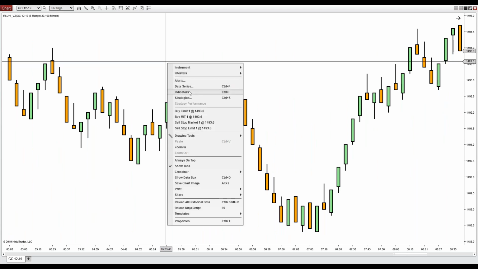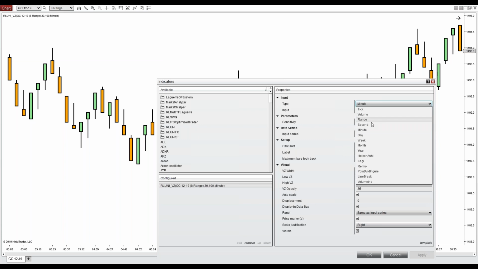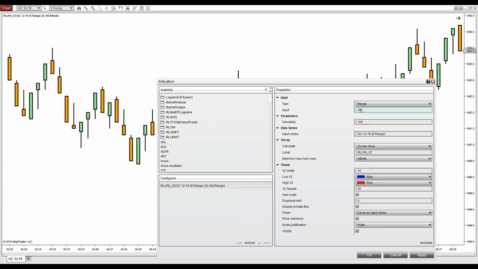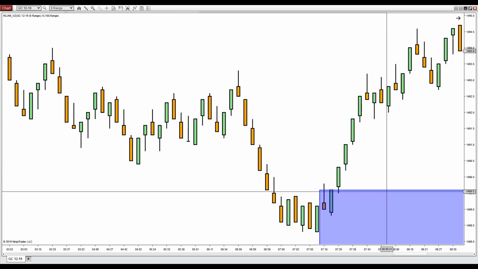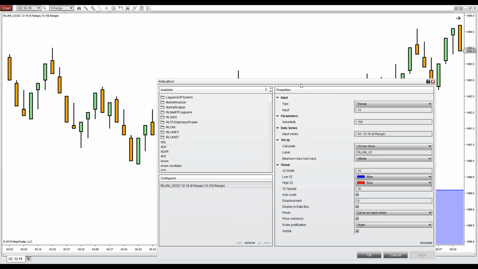Now I've got to change the indicator from a minute to range and go one higher, 13, and put this at 150. Now I've got to change the thickness of the zone back to 1.